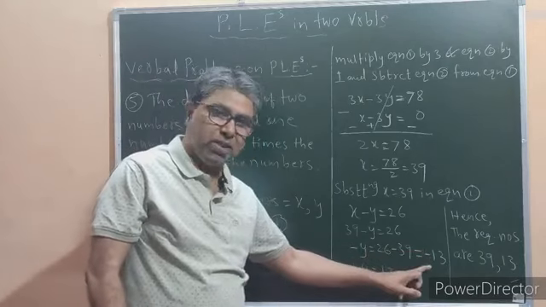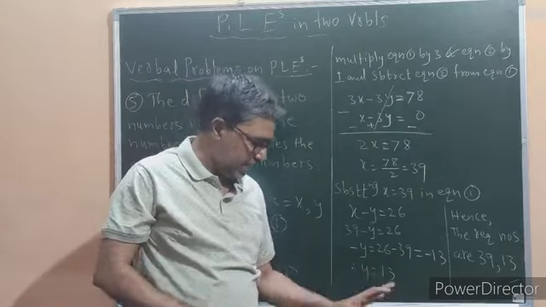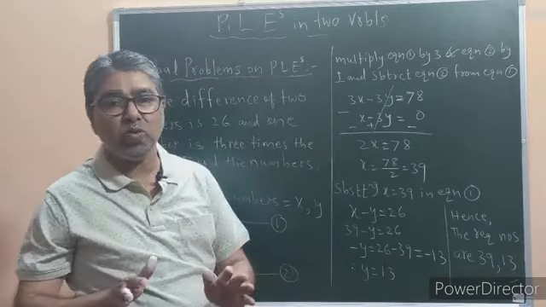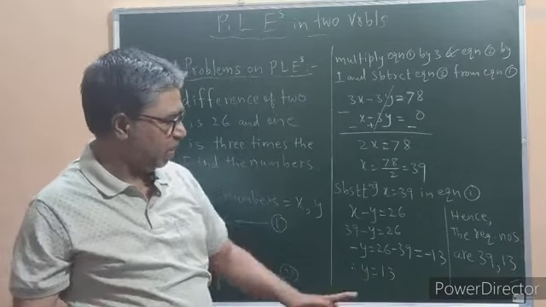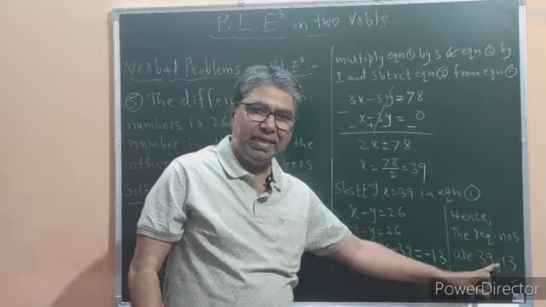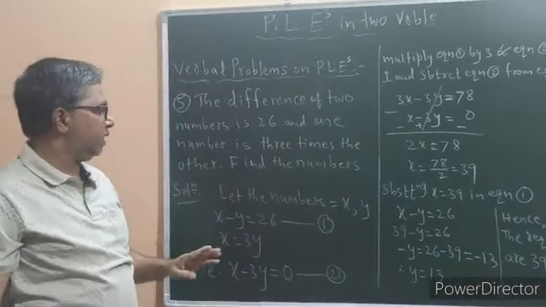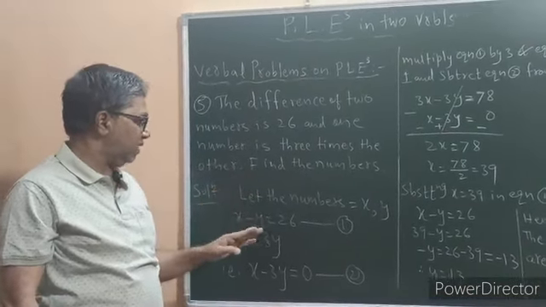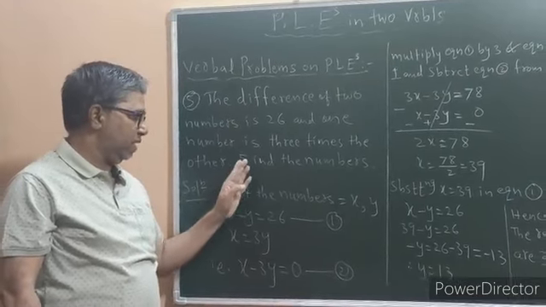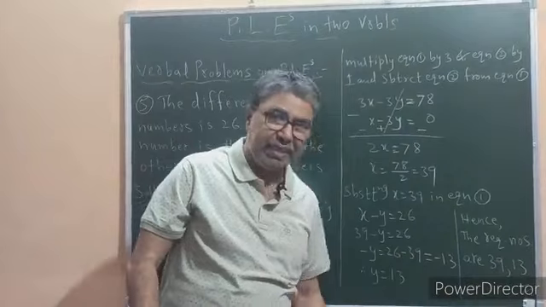So minus y is equal to minus 13, then y is equal to 13 and 13 is the required second number. So hence the required numbers are 39 and 13. In this way, if the difference of two numbers is 26 and one number is thrice the other number, the required numbers will be 39 and 13.